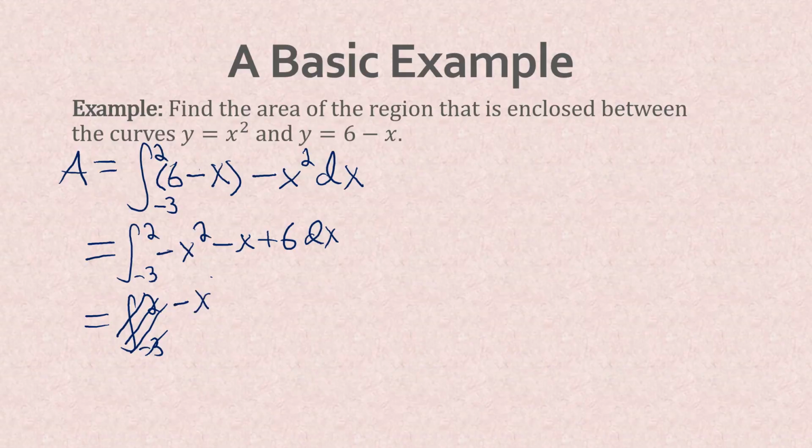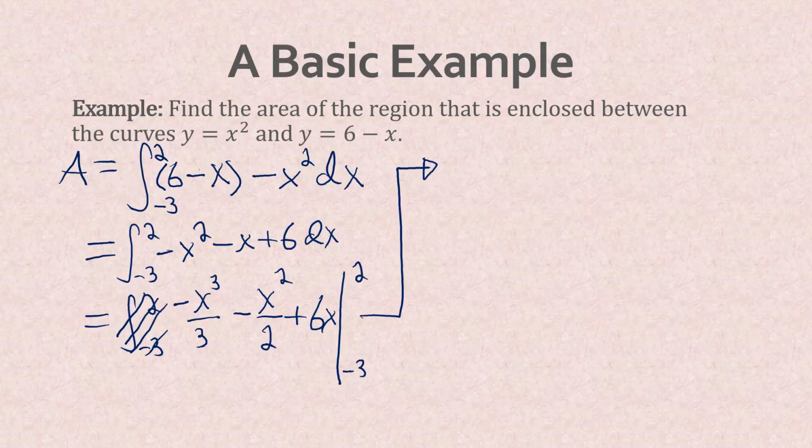So that's negative x cubed over 3 minus x squared over 2 plus 6x. And I'll just evaluate that on my bounds of negative 3 to 2.